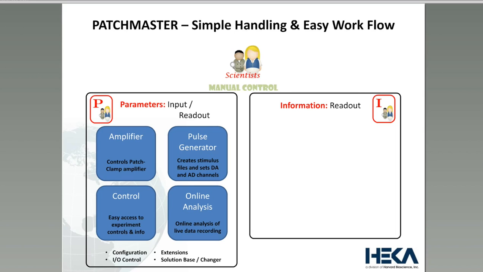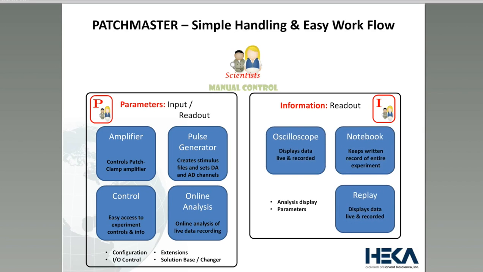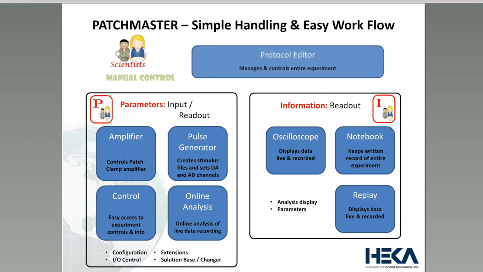There are more parameter windows in PATCHMASTER, but I will not talk about them today. The other type of window in PATCHMASTER is the information windows. Today we talk about the oscilloscope window, the notebook, and the replay window. Again, there are two more information windows, but we don't talk about that in this presentation.